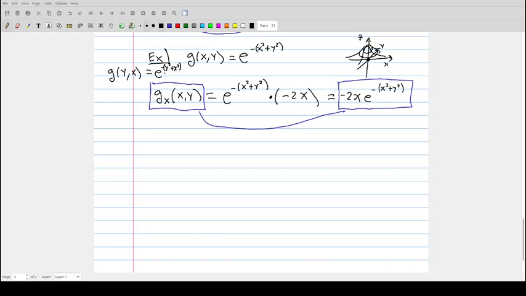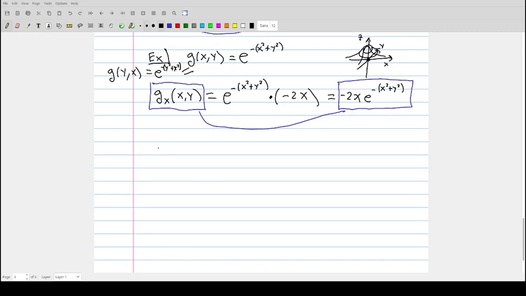Not all functions are equal to the original function when you swap x with y, but you see that this function is. If you switch x with y in this function, it is completely symmetric.